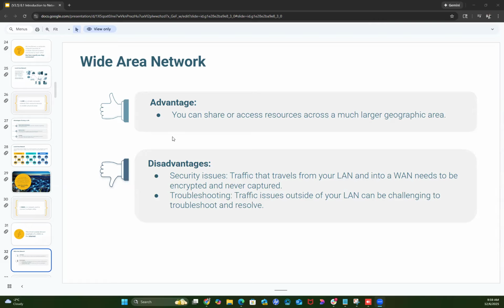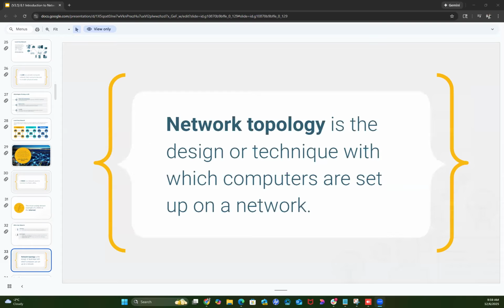So the office within New York, it is the LAN, right? That means the office which is located in New York, within themselves, it is LAN. But when it is connecting with Atlanta or Tennessee, that time it is the WAN concept, right? Yes. Okay. Now we go deeper into network topology.